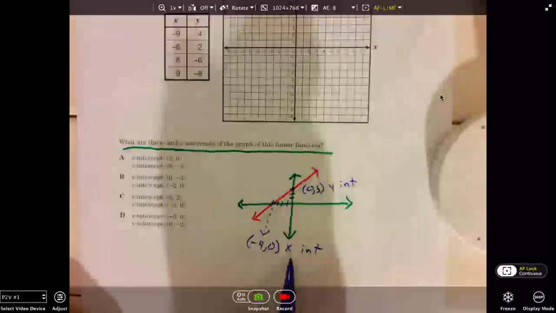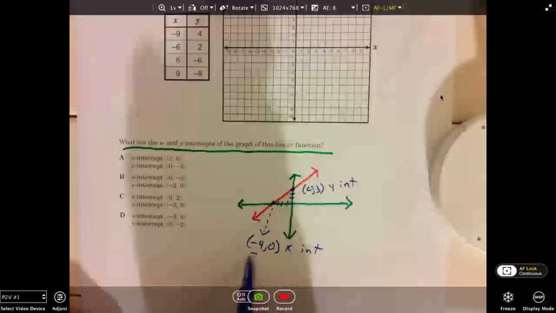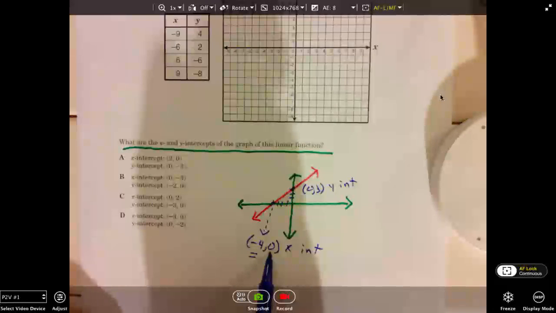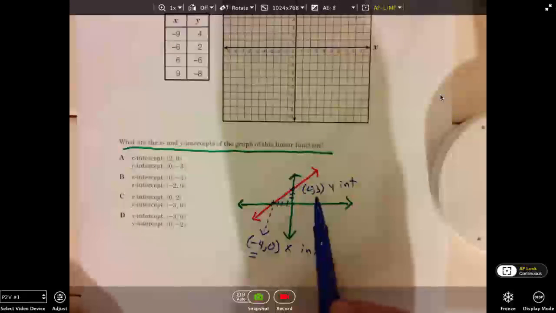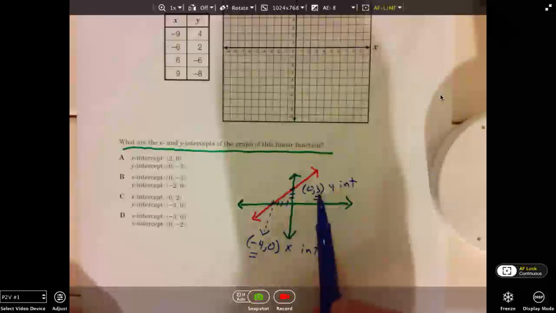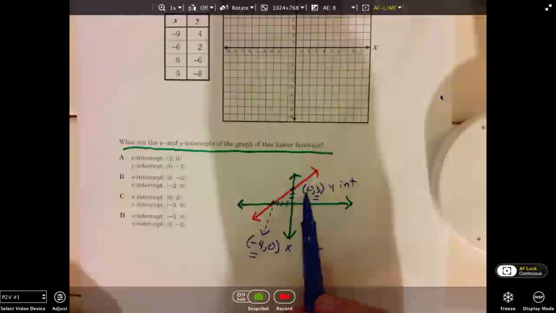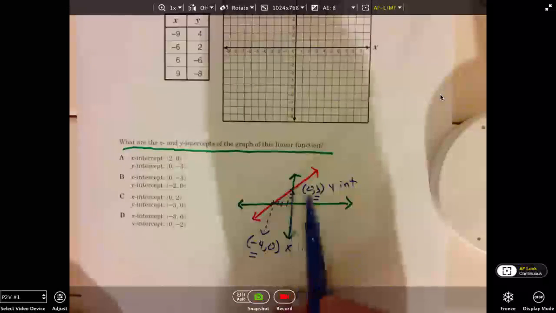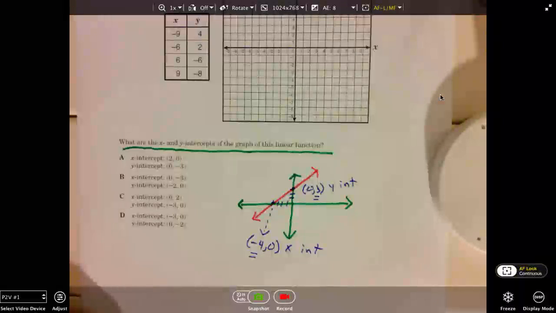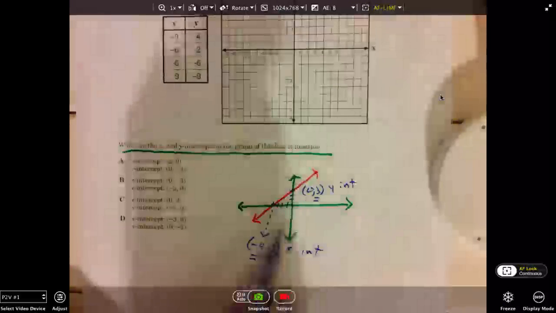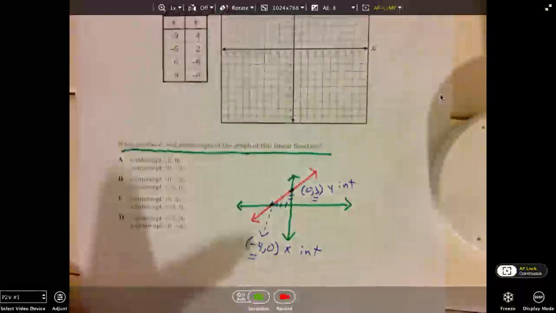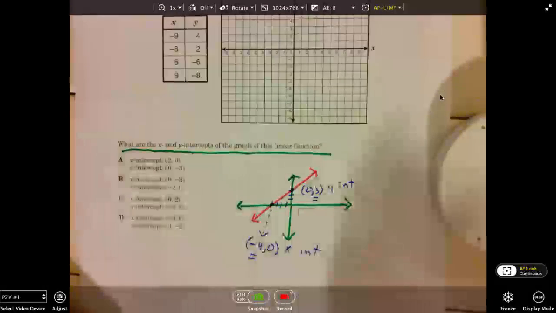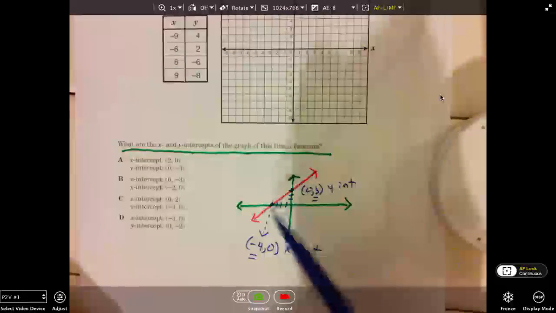Notice at the x-intercept, x is non-zero, but y is 0. We didn't move up or down any. At the y-intercept, y is non-zero, but x is 0. We didn't move left or right any. Consider what we've done here. Graph these points, draw a line through them, and determine where the line crosses both the y and the x-axis.